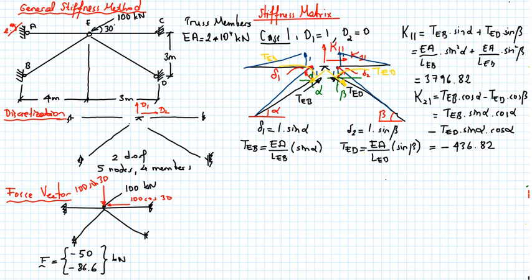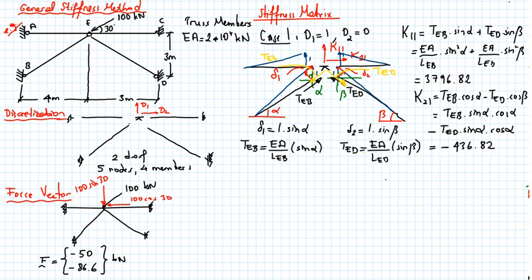So as you see, it doesn't matter if it's a truss structure. We apply the same logic. We applied K11 to create a unit translation in the vertical direction, and K21 to keep the horizontal translation equal to 0. And then we go member by member and try to figure out the forces due to that deformed shape. And these are the first column of the stiffness matrix.